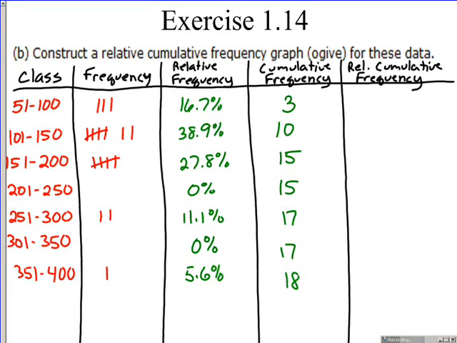And now relative cumulative frequency is going to be the same thing now with our relative frequencies. So through the first class is 16.7% of the data points. Through our second one, 55.6% of the data points. Up through our next, 83.4%.